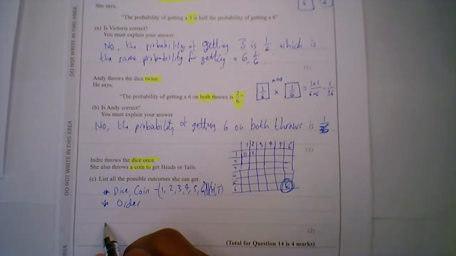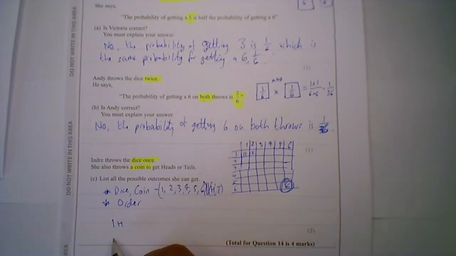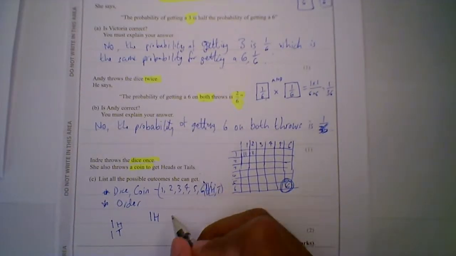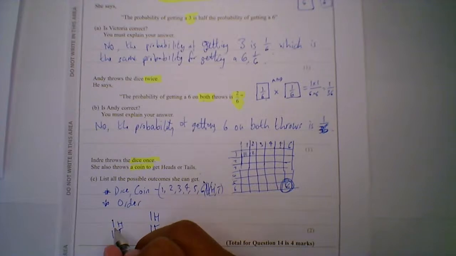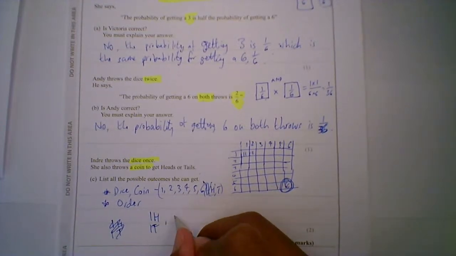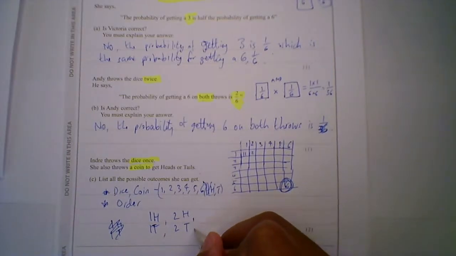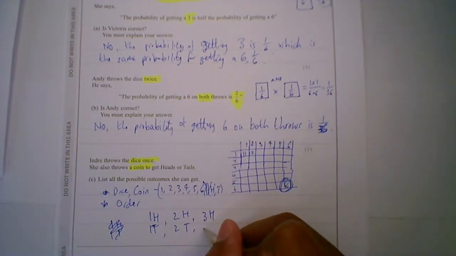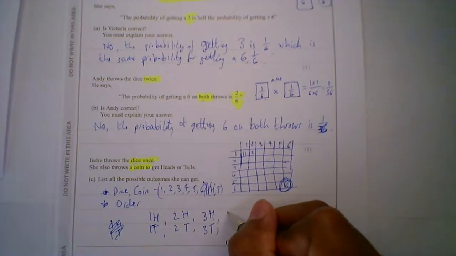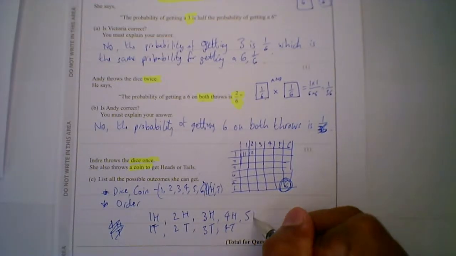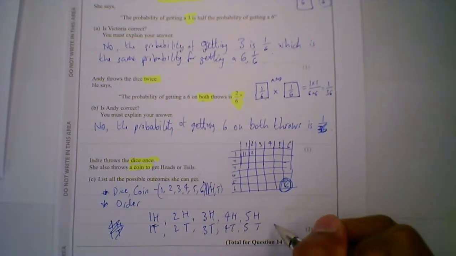So if I have the dice, 1 and a head, 1 and a tail, 2 and a head, 2 and a tail. Then I go to the next number, 3 and heads, 3 and tails, 4 and heads, 4 and tails, 5 and head, 5 and tail, 6 and head, 6 and tail.